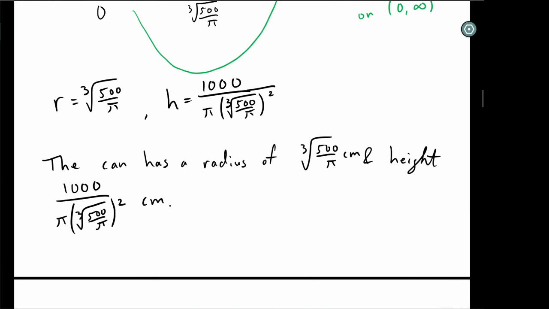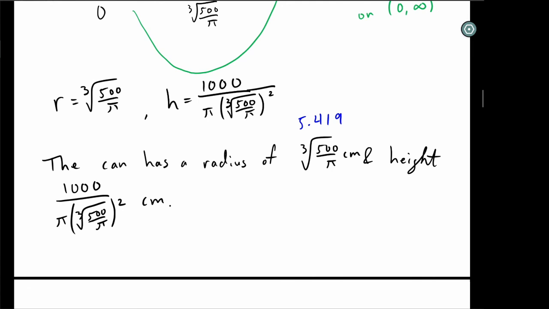In this case, it wouldn't necessarily be a bad idea to get some decimal approximations here. So let me do that real quick. 500 over pi to the 1/3. Let's see, what is that numerically? This is about 5.419 centimeters.